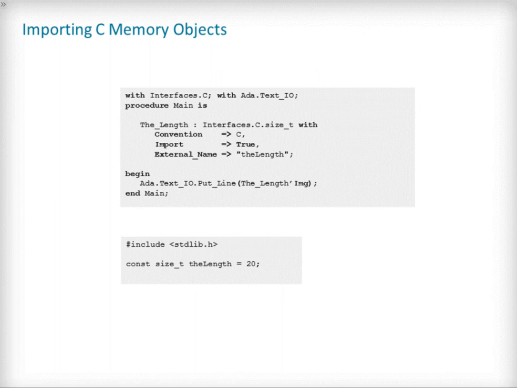You will notice the use of an Ada type from interfaces.c that resembles the C size_t type from the standard lib header file. We will come on to the details of interfaces.c later in this lecture, but for now understand its vital role in this subject. The output from the Ada main program would be the value 20.